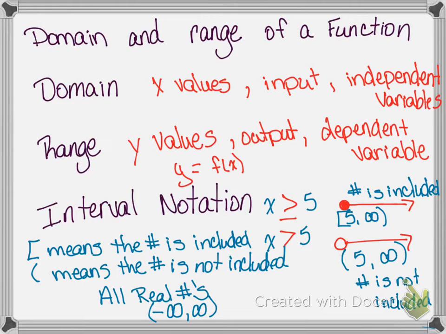Another term for domain is input, and in science you will hear it called the independent variable. Pretty much in this class we won't really talk about it as an independent variable, unless you take statistics. But in general, domain, x values, input, that's what we're talking about when we talk about domain.